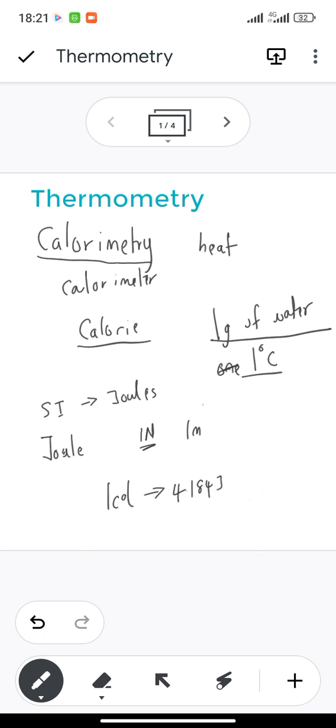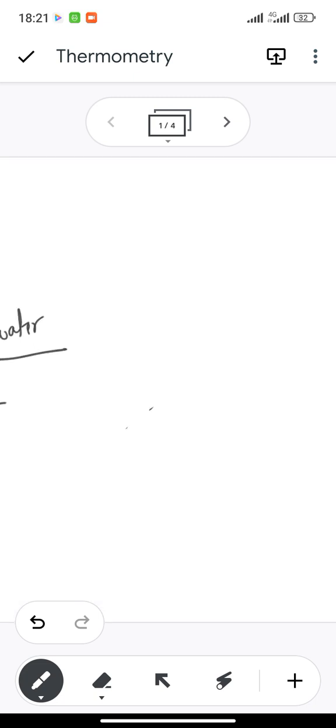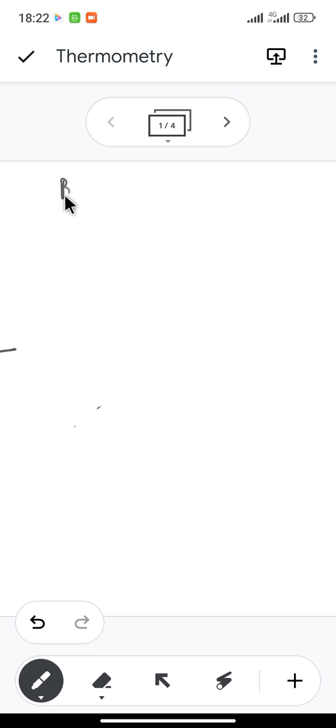That's it. Now another unit for measuring heat is the British thermal unit, BTU. British thermal unit. This is a unit for measuring heat. Now we have to also define this.